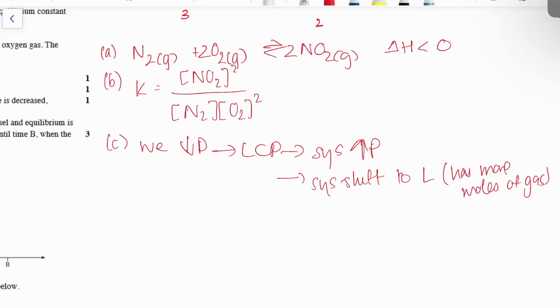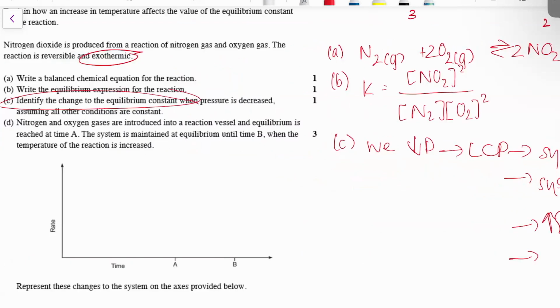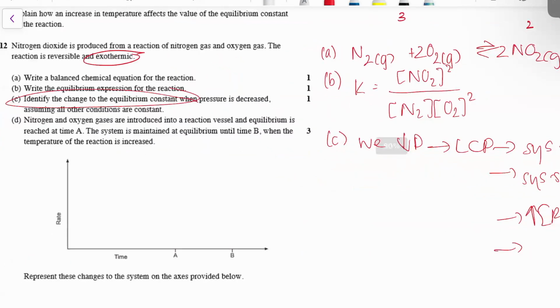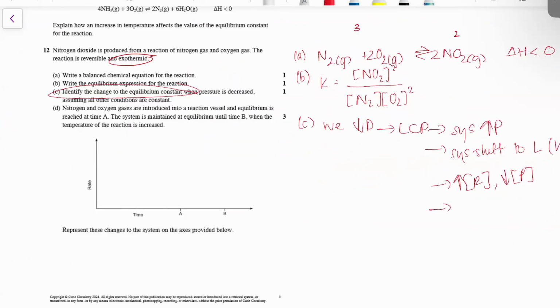Shifting to the left means you increase your reactant concentration, but you decrease your product concentration. The question's asking what happens to the equilibrium constant. You shift the position of equilibrium, but what was the factor we were changing? Pressure.